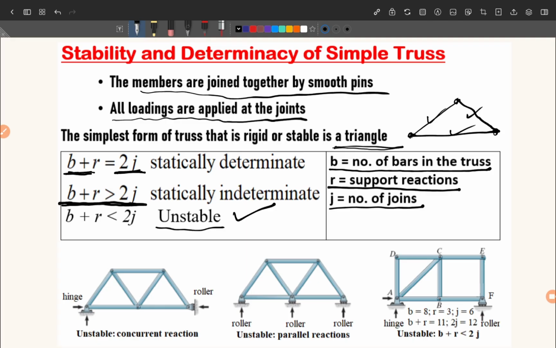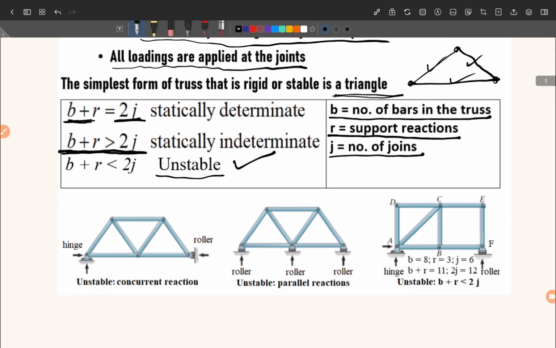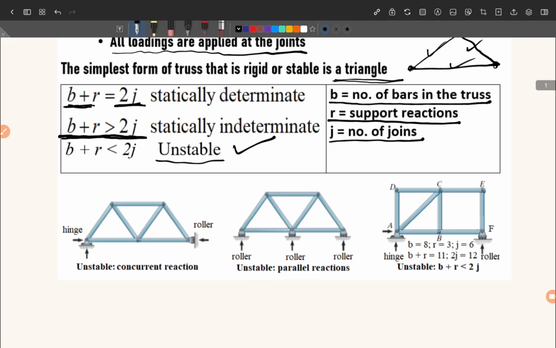Here this is about the internal stability. Now we look at these examples. If we look at the first one, here we have these two reactions at the hinge and one reaction at the roller. So we can simply say that it will be unstable because these three reactions will be concurrent.